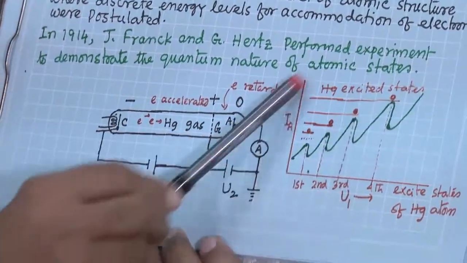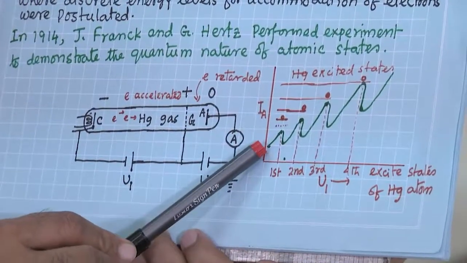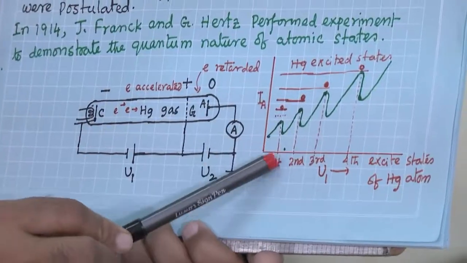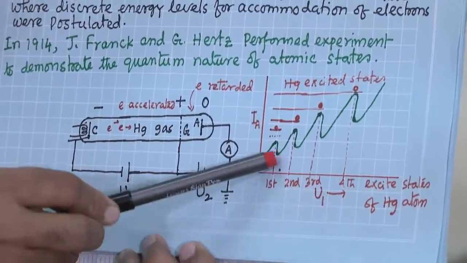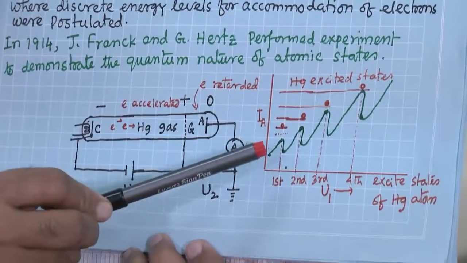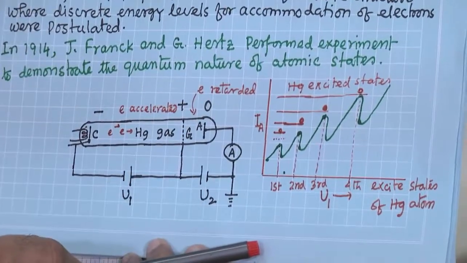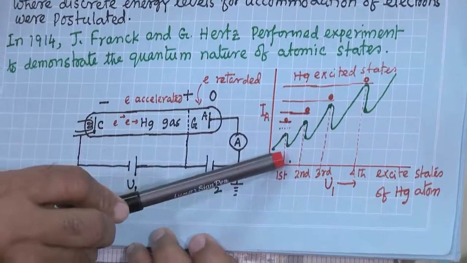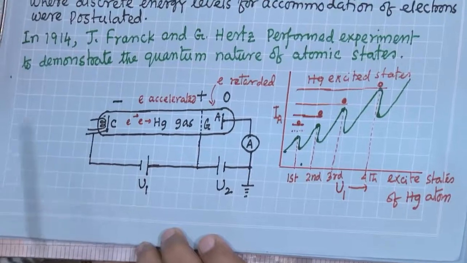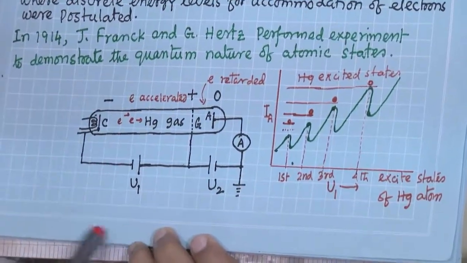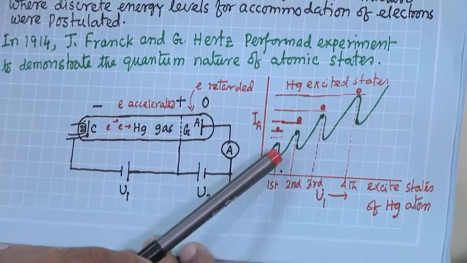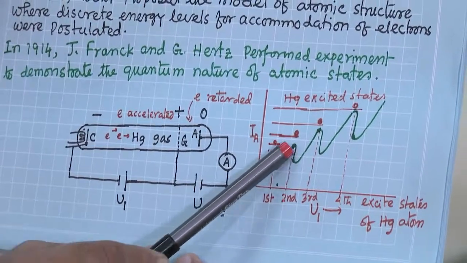But at this U1 potential, suddenly we see a drop of the current. Then we continue increasing U1, and again the current increases.